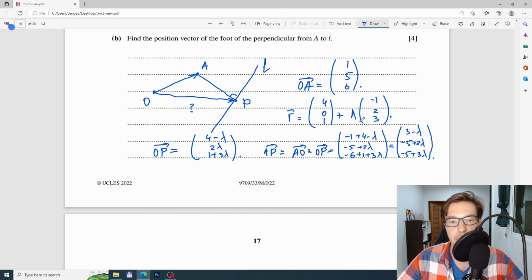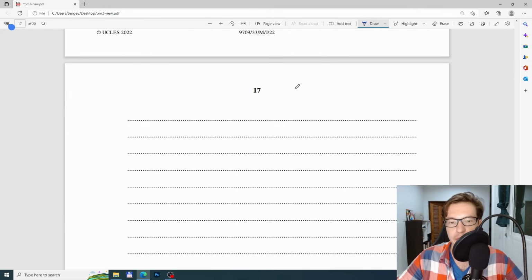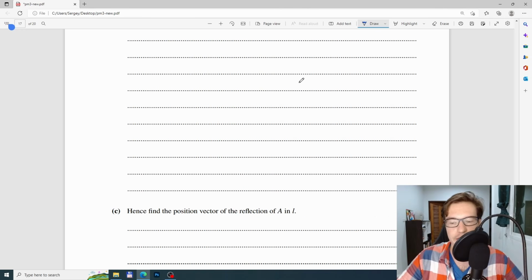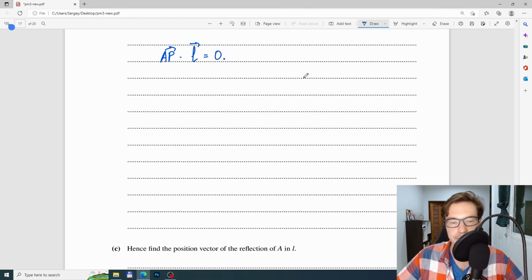Okay, so now we know that AP must be perpendicular to L. So that means the direction vector dot product with AP must be equal to 0. So AP times the direction vector, I'm going to call it L, must be 0. And we can use this equation to find the value of lambda.